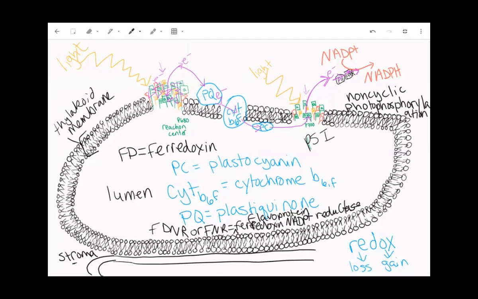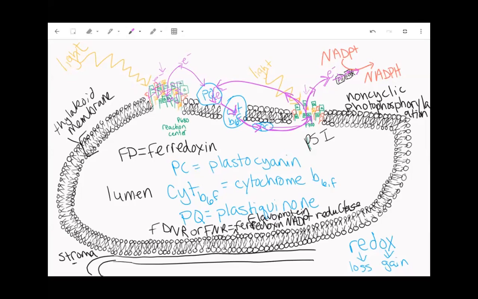Sorry about that. The other potential fate for that electron is actually to get picked up by plastoquinone and go back through that process of plastoquinone, cytochrome B6F, plastocyanin, photosystem 1 to get reboosted, and it can either go again into that portion or it can get picked up by that final electron acceptor.